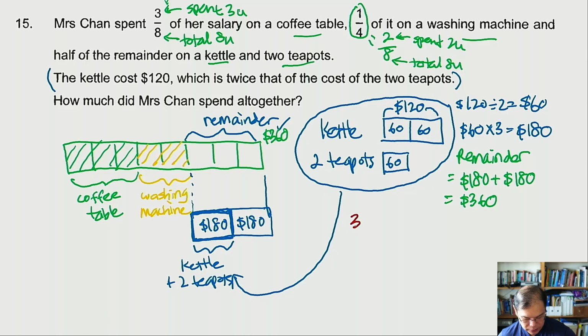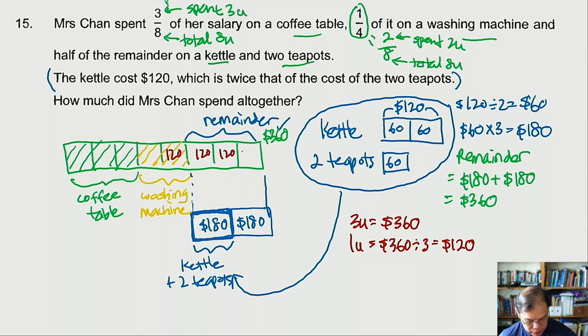So 3 units is $360. 1 unit is 120. So this is 120. Everything here is 120.